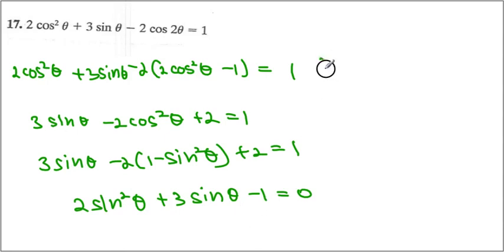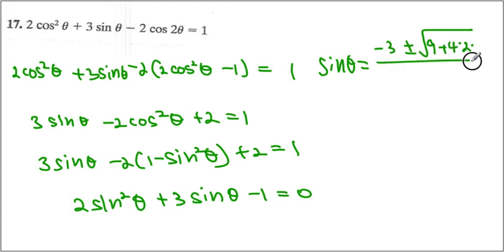Then sine theta will be equal to negative 3 plus or minus the square root of 9 minus 4ac, which is 2, and c equal to negative 1, which makes this into positive, over 4. Then here we have negative 3 plus or minus square root of 17, because this is 8, over 4.